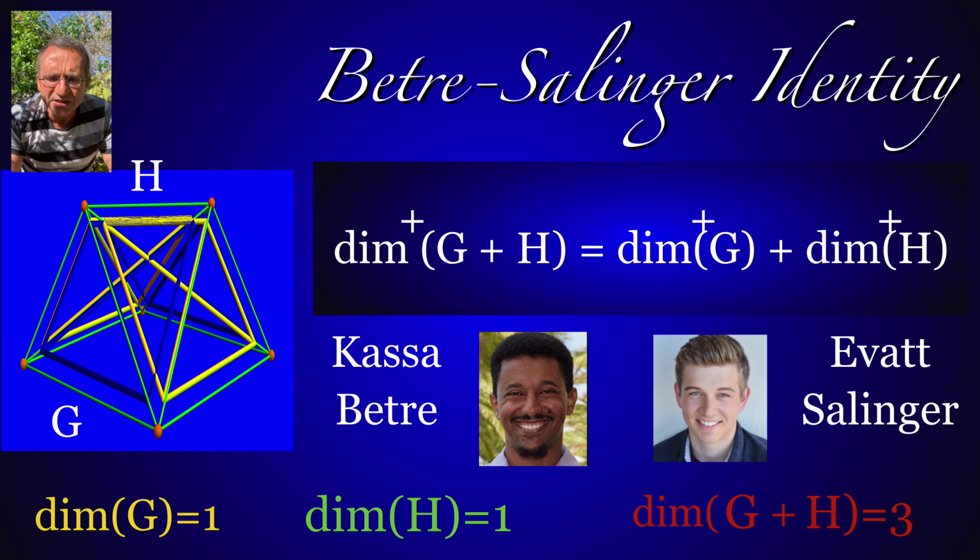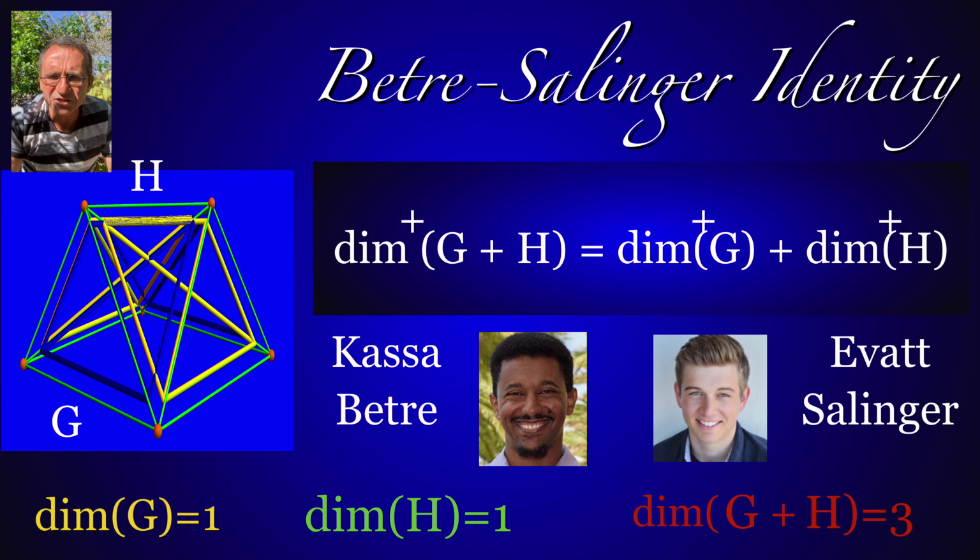Recently, Betre and Salinger have shown that the inductive dimension is additive with respect to the join operation. It's a little bit surprising. So now there are three dimensions which have the arithmetic compatibility: the maximal dimension, the inductive dimension, and the average simplex cardinality.